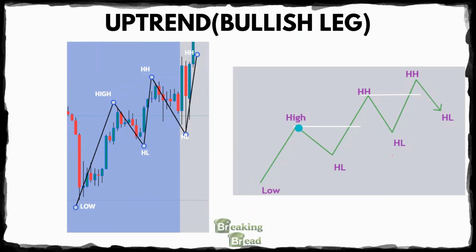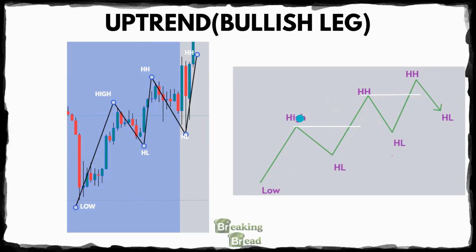Price gets to its highest point, so now we put in a high. Now we put in a higher low, meaning this price here is higher than the original low. And then we put in a higher high, meaning this high is higher in price than the last high that was put in. And we just keep doing that in an uptrend.